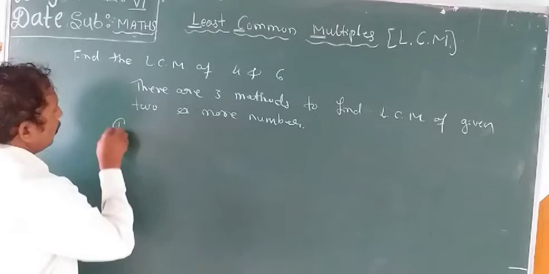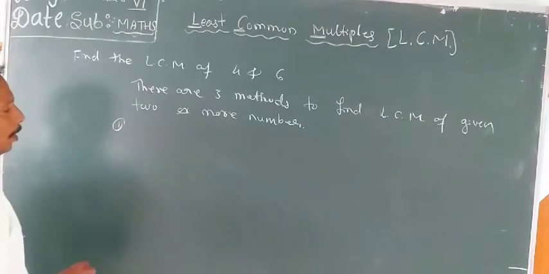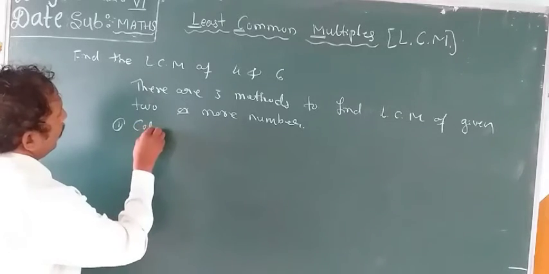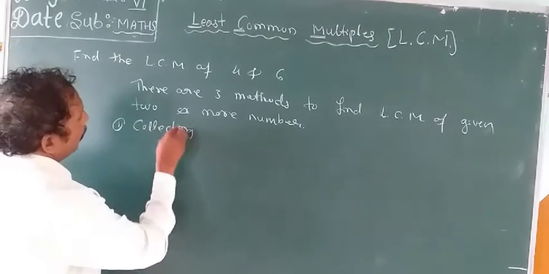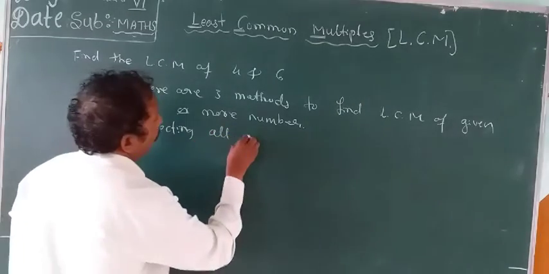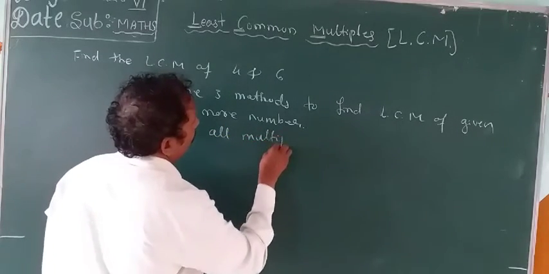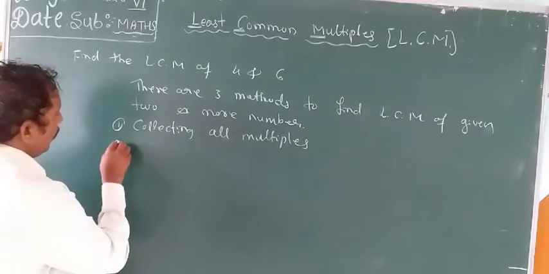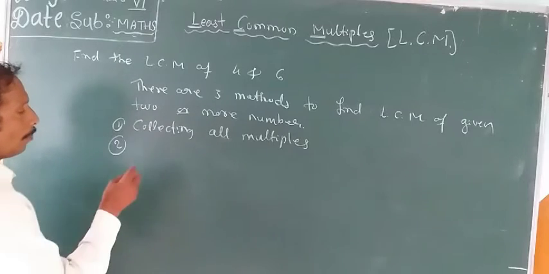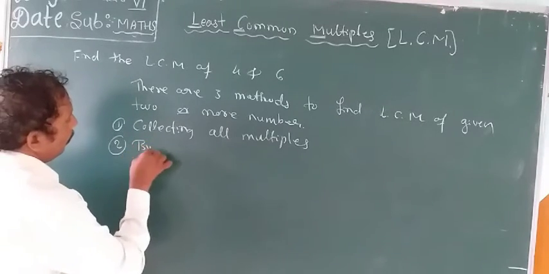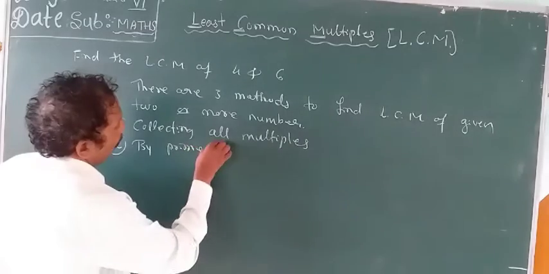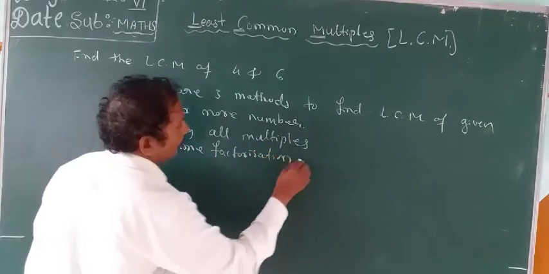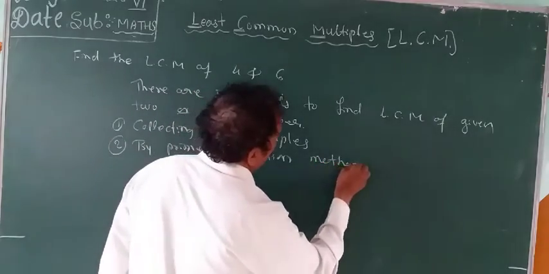First method is collecting all the multiples of given numbers. Second method is by prime factorization method.